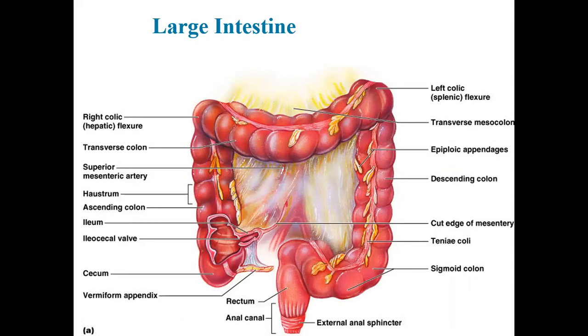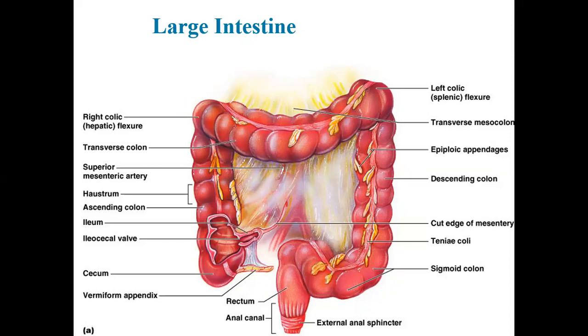The large intestine also has 3 unique features. This rope-like structure here is the taenia coli, and this is what is left of the longitudinal muscle from that muscular layer.